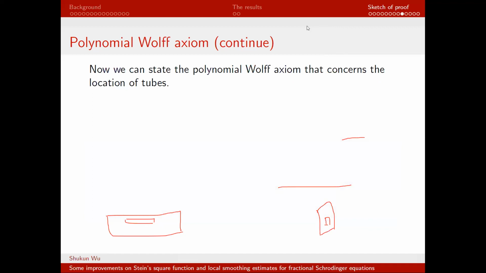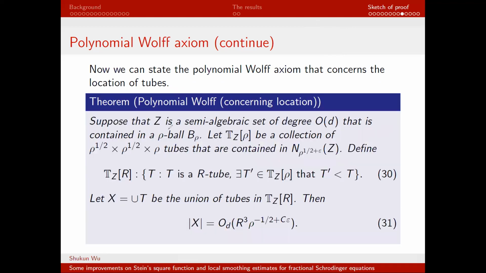Now we can state the polynomial Wolff axiom that concerns the locations of tubes. Same setting: Z is a semi-algebraic set with degree at most D. It is contained in a ball B_R. And we define T0 to be the collection of tubes that are contained in the same neighborhood of the variety. Now we define a collection of bigger tubes.